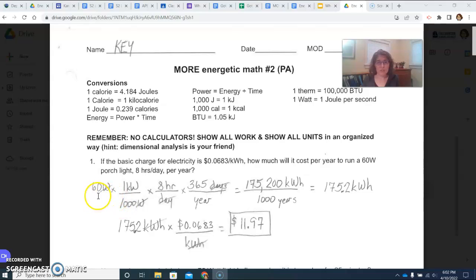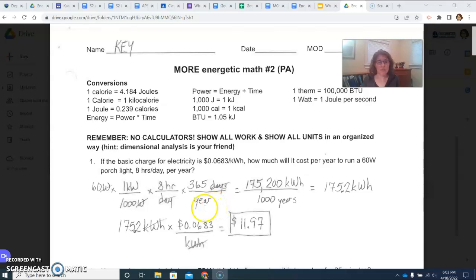The first step that I chose to take here is to multiply by the conversion factor of 1 kilowatt is equal to 1,000 watts. So now my answer is going to be in kilowatts. I know from the problem that I'm going to be operating this light 8 hours every day. So that's my next conversion factor here. And I'm going to be doing that every single day for a year, so there are 365 days in the year.